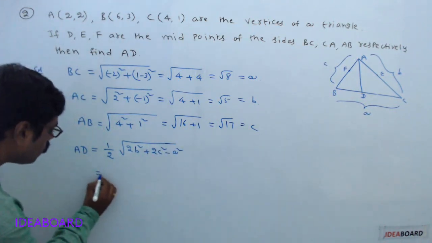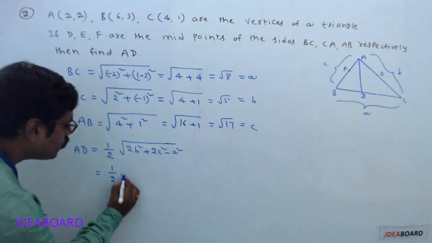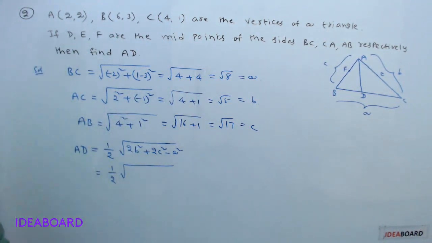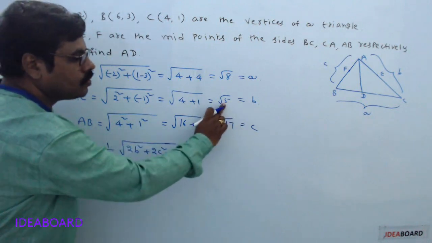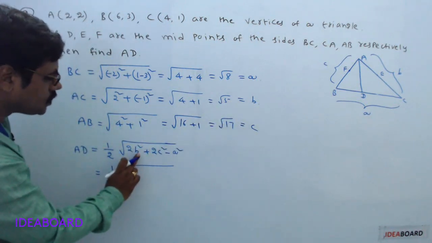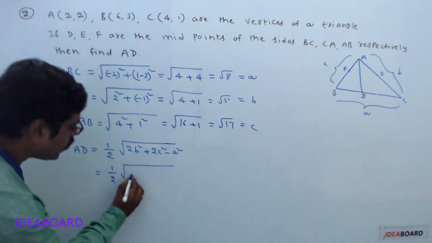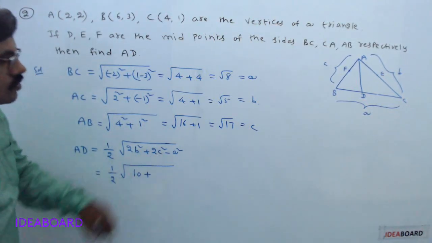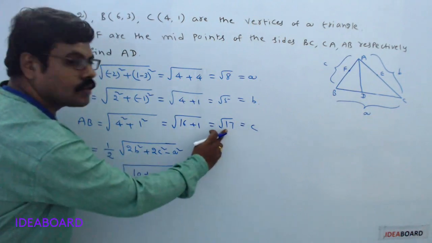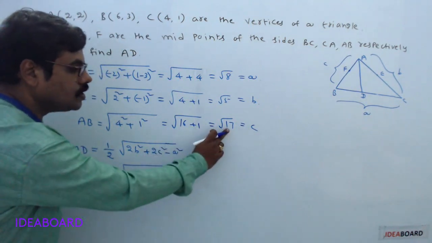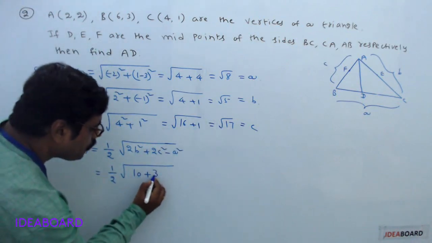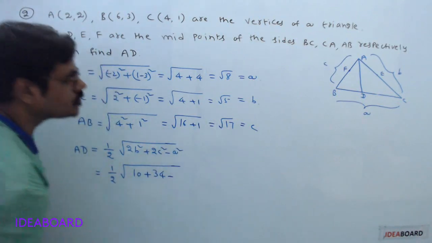Now this is equal to 1 by 2 into the square root of, substituting the corresponding values in this formula. What is the b value? Root 5. b square means 5. So 2 into 5 will be 10, plus 2c square. The c value is root 17. c square is 17. 2 into 17 is 34, minus a square.